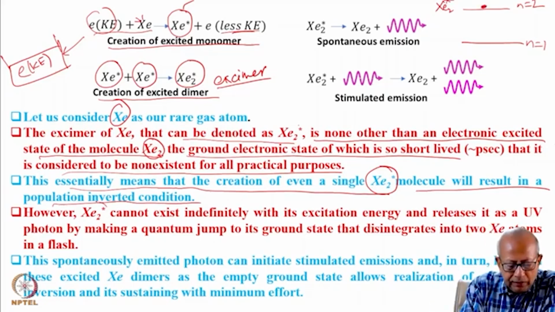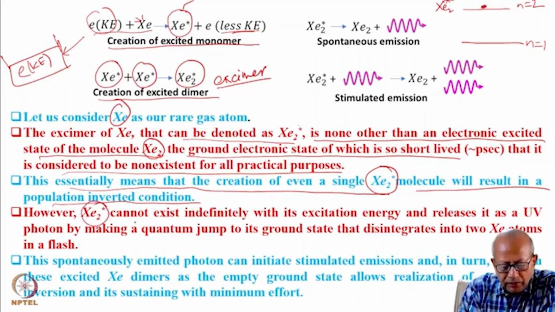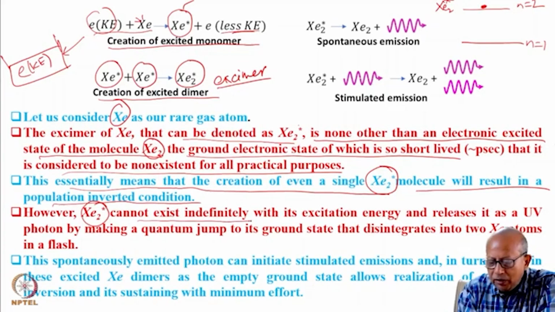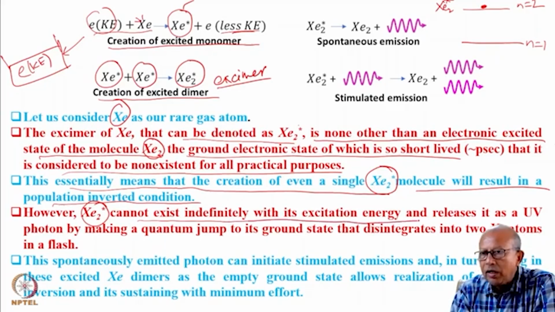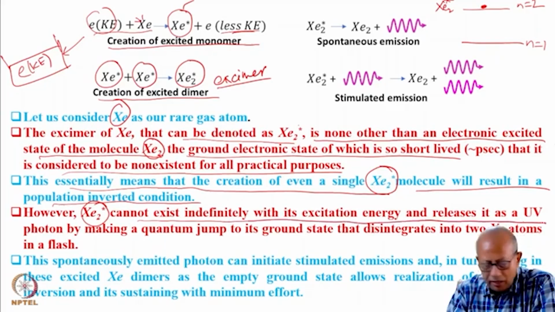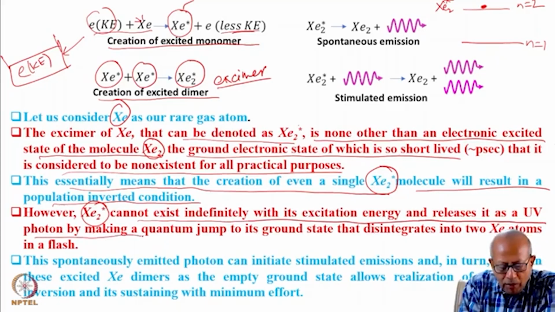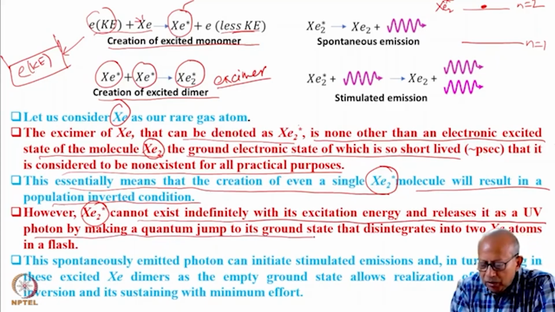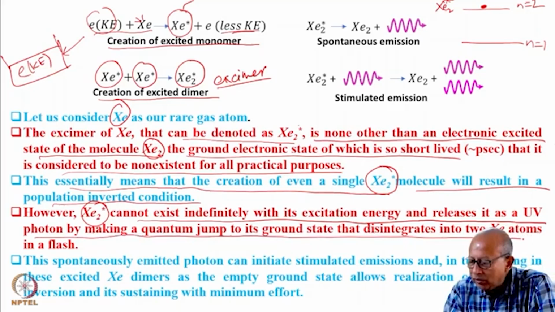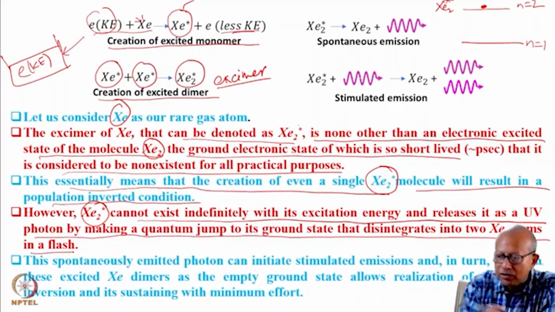However, this xenon molecule in the excited state cannot exist indefinitely with its excitation energy and releases it as a UV photon by making a quantum jump to its ground state, which disintegrates into two xenon atoms in a flash.